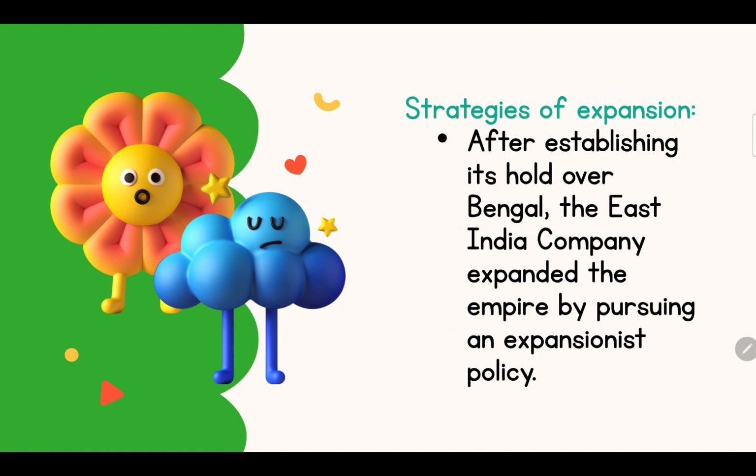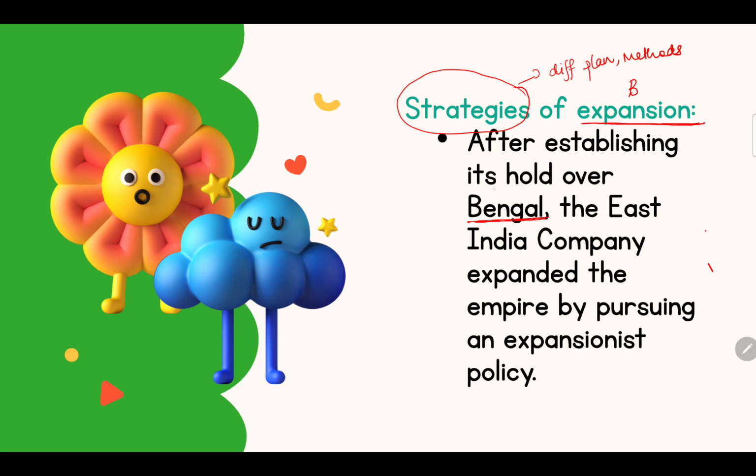Strategies of expansion. What do you mean by strategies? Strategies means different plans or methods for expansion. Who did expansion? Britishers did this expansion. After establishing its hold over Bengal, we already know how British conquered Bengal and ultimately became a power holder, from a trading company to a political power.